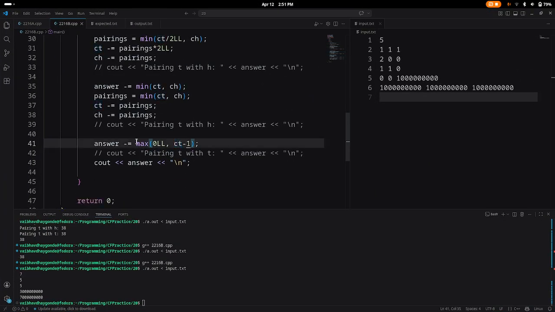So maximum of 0 comma CT minus 1. Why have I written this condition of maximum? Because let's say CT is actually 0 in this condition. Then we would be increasing our answer by 1, which shouldn't be the case, because answer minus of minus 1 equals answer plus 1, incrementing our answer by 1, which is not true. So a maximum of 0 comma CT minus 1.